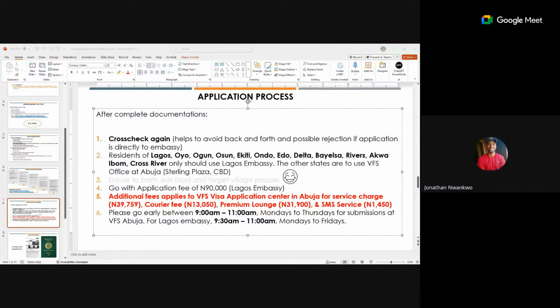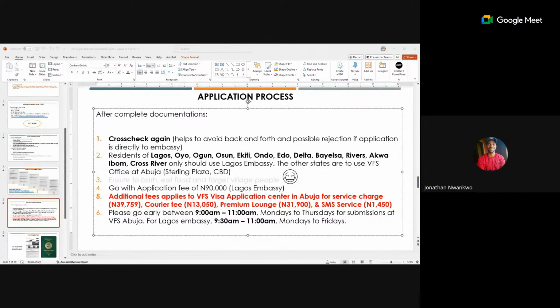Then there is a premium lounge charge, which is 31,900. And then there is an SMS charge, because they will update you of the progress every time, 1,450 naira. So if you calculate, it's around 170-something thousand. That is what you have to pay. I think maybe 176,000 or 177,000 thereabout. That is what you use in applying at VFS in Abuja.